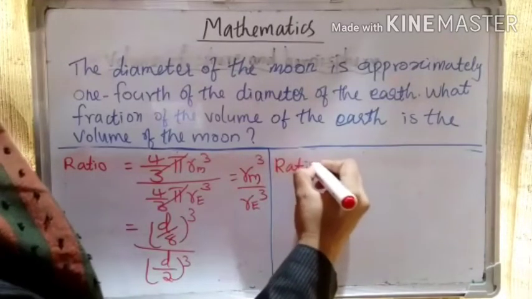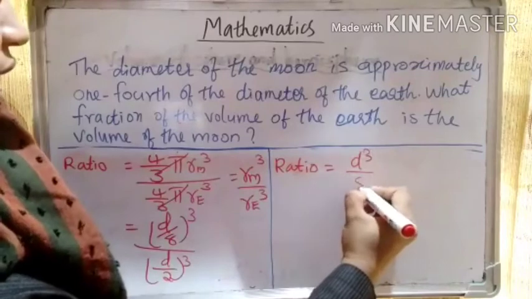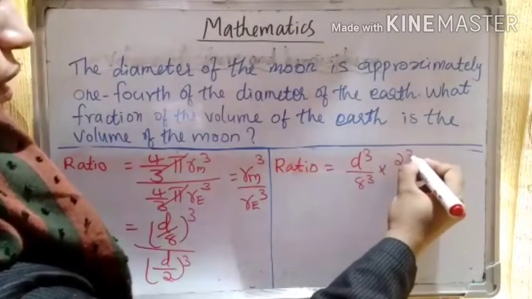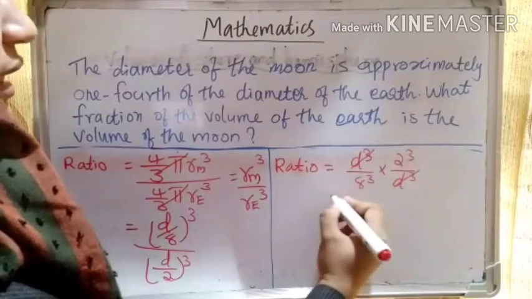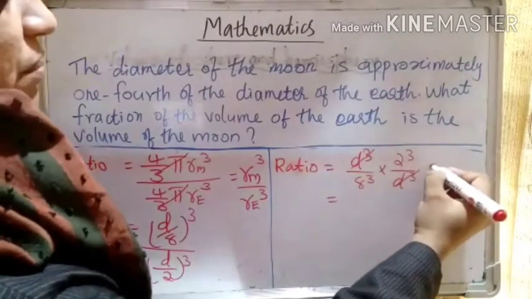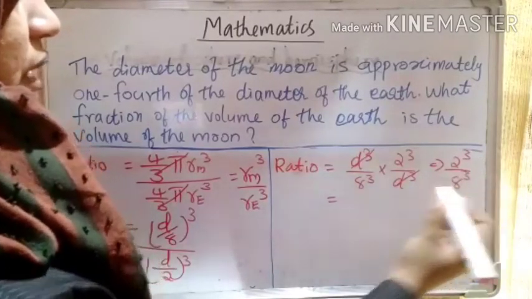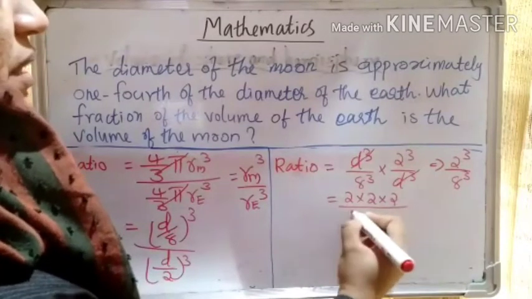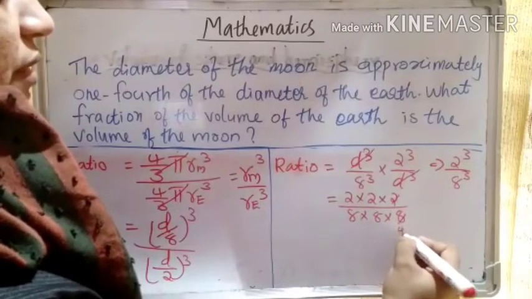Ratio is equal to d cube by 8 cube into 2 cube by d cube. Then d cube cancel, which implies 2 cube by 8 cube. 2 cube is 2 into 2 into 2. 8 cube is 8 into 8 into 8. 2, 8 cancel, here 4.